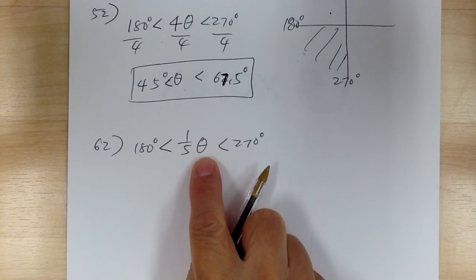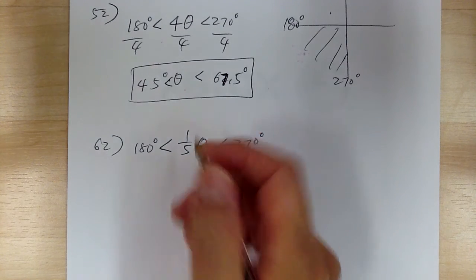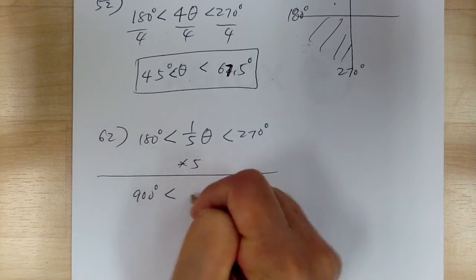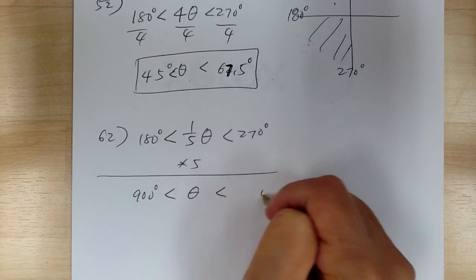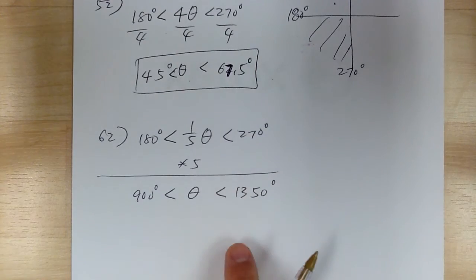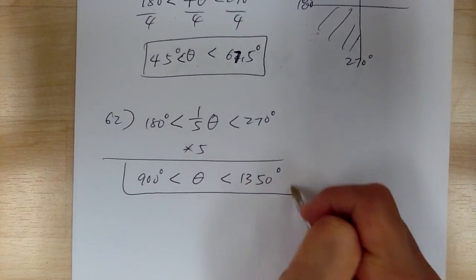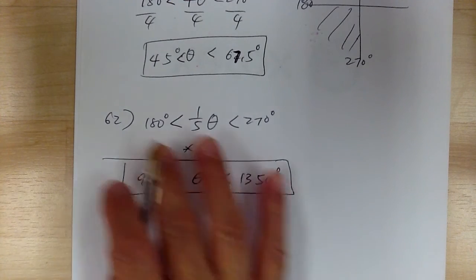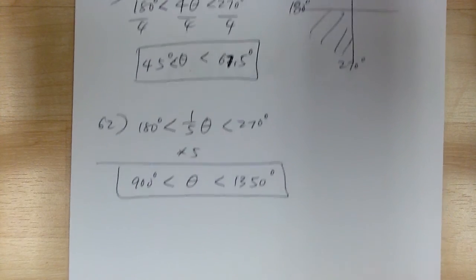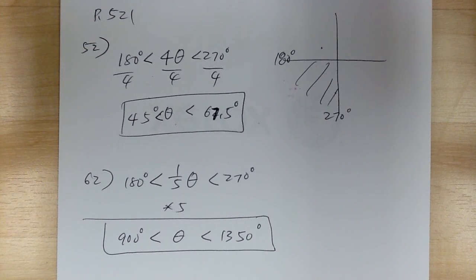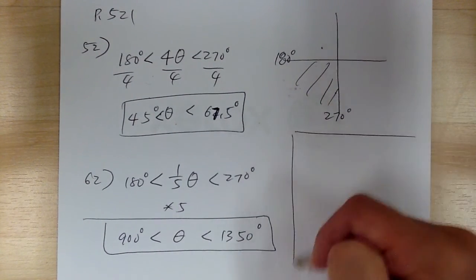To look for theta, you multiply by 5, so you get 900 and so on. Basically, just read and translate, get your inequality, and solve. Okay, so let's go and do some practice.